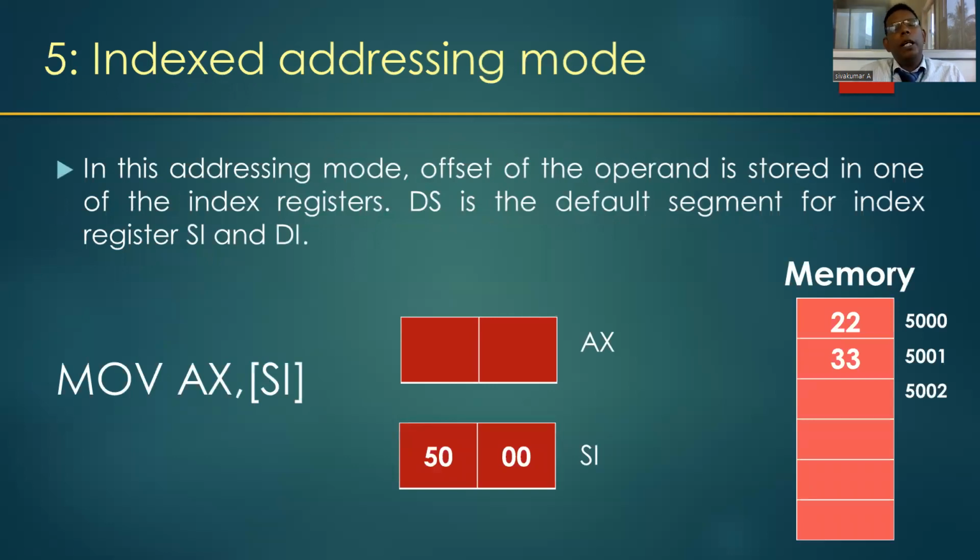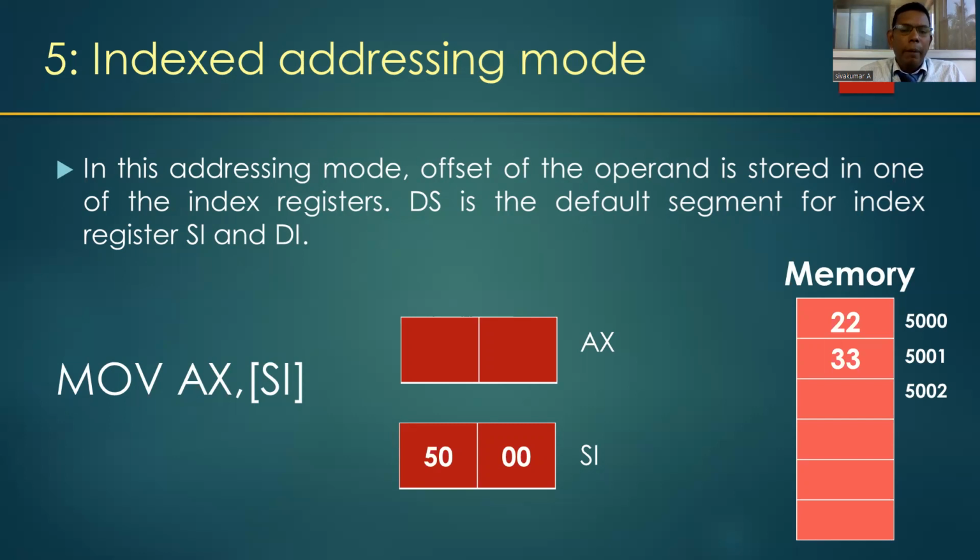Next we'll go to the indexed addressing mode. In this addressing mode, the offset of the operand is stored in one of the index registers. Previously, the address was stored in the BX register. Instead of that, the address is stored in the index register. Normally, the default segment is DS, the data segment, for the index registers SI and DI.